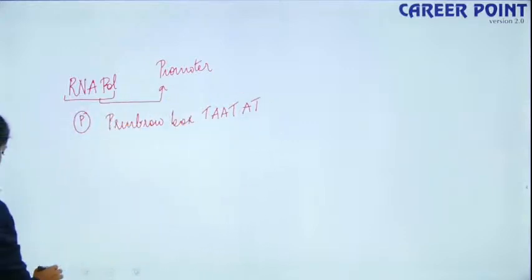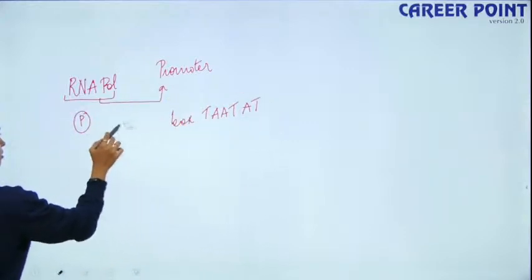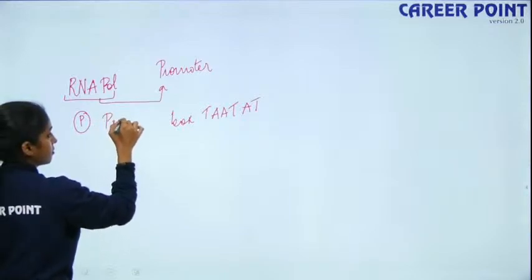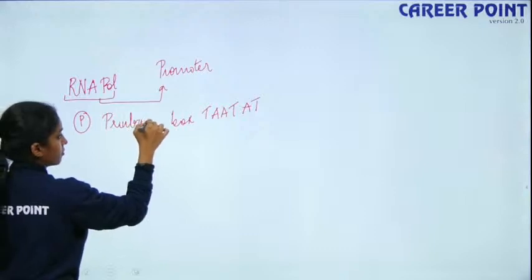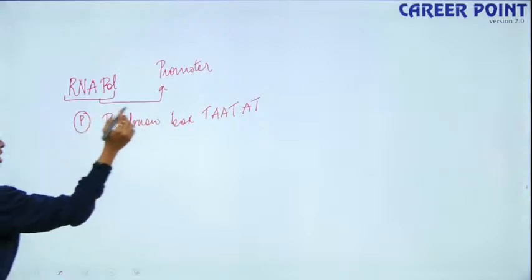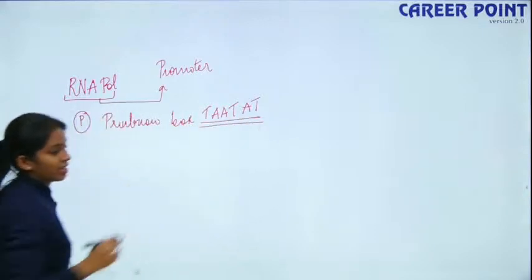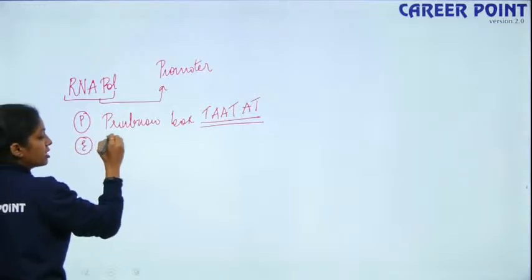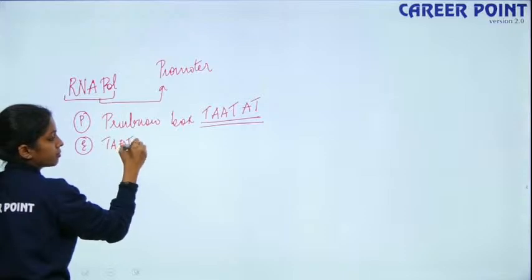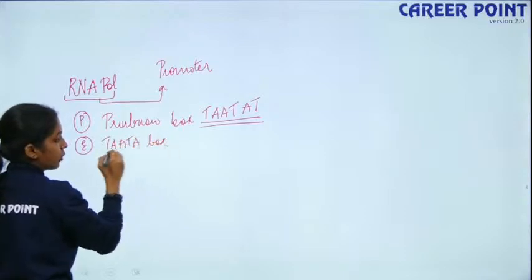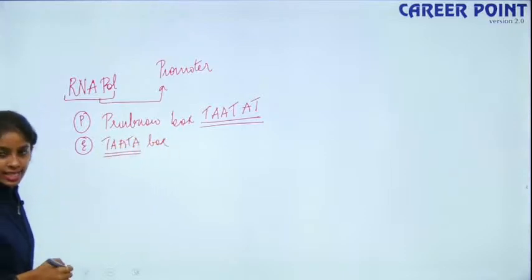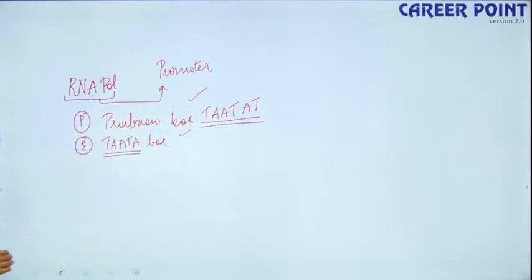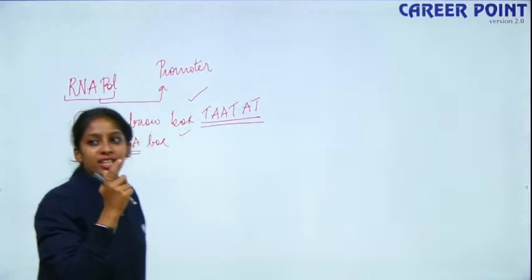Okay, the spelling is wrong here. This is the sequence it will recognize in prokaryotes. In eukaryotes, it is the TATA box. Your RNA polymerase will recognize these sequences in the promoter and then bind to the promoter.